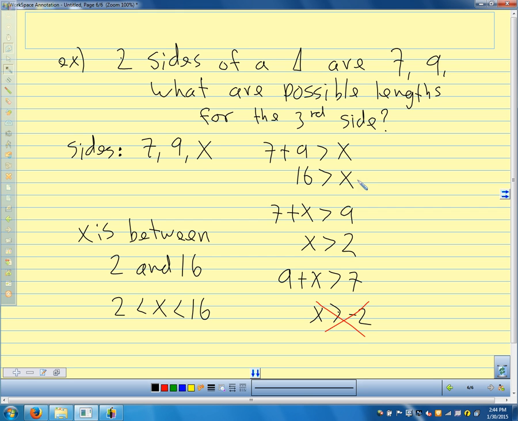All right, questions there? Yes. And if it was less than 2, then they would be too small and they wouldn't connect.